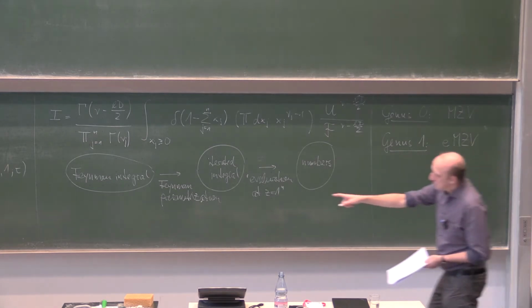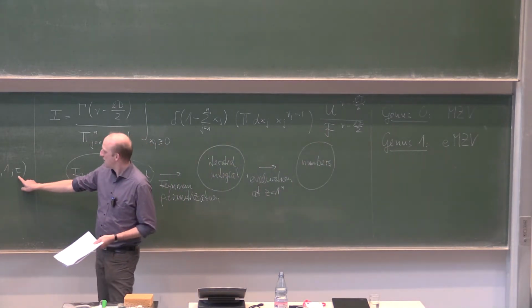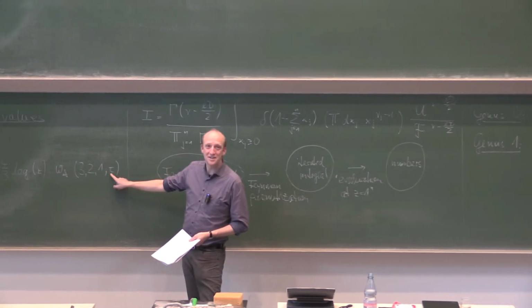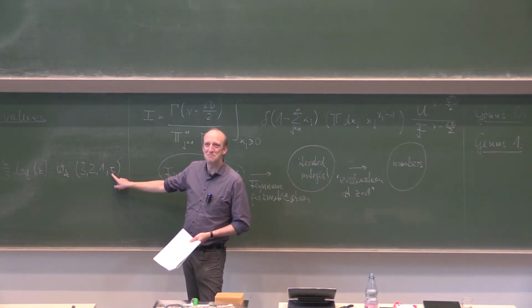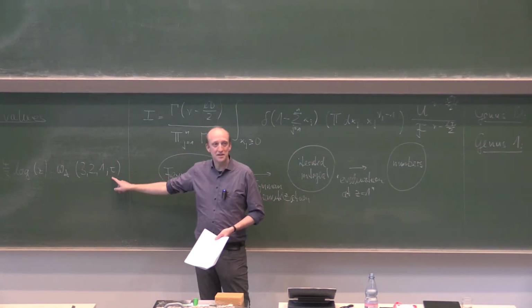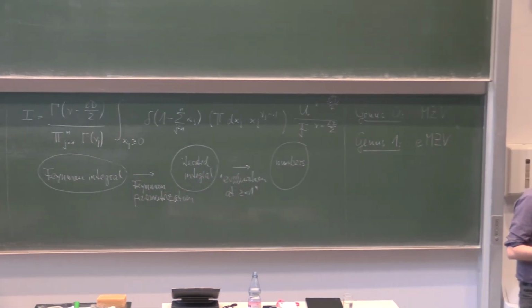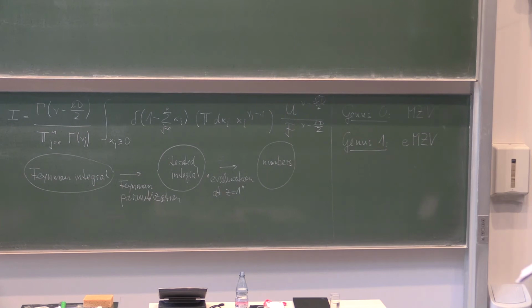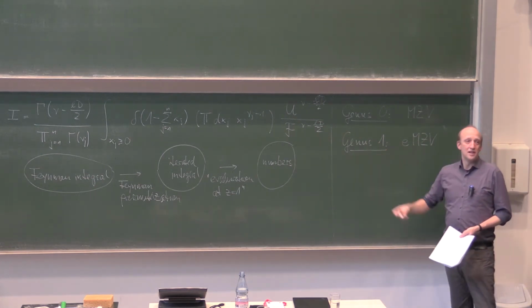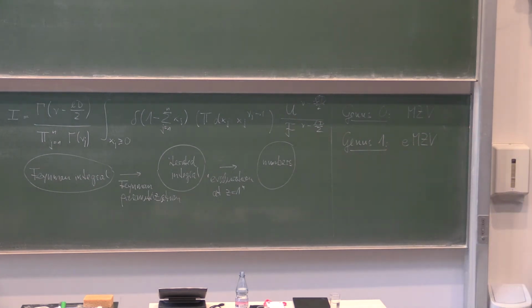Now, this is a first indication that these numbers are not really numbers. Here is a tau in there, and this tau will be the modular parameter, or the parameter describing the geometry of the Riemann surface we will define the iterated integrals on.